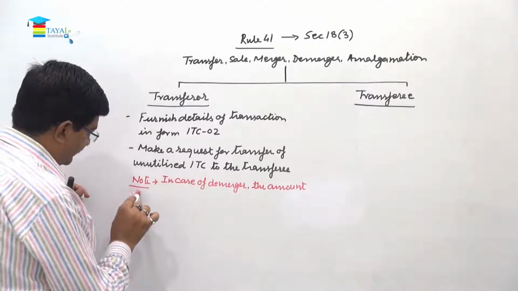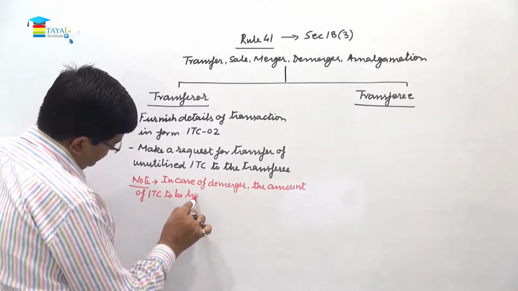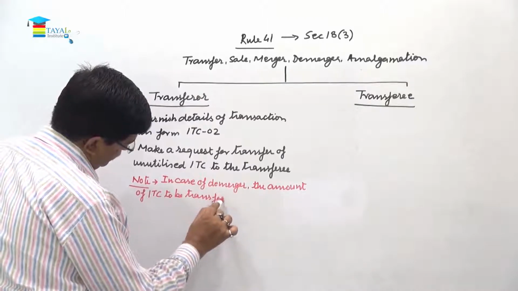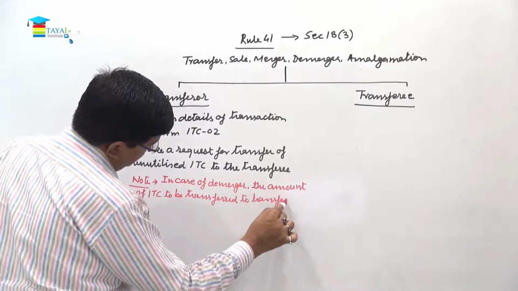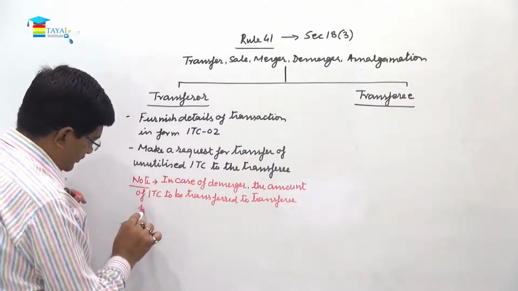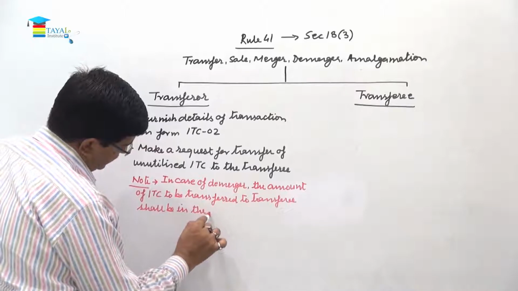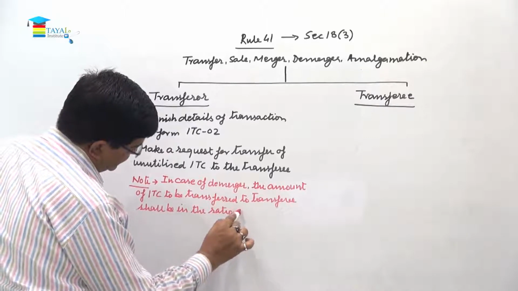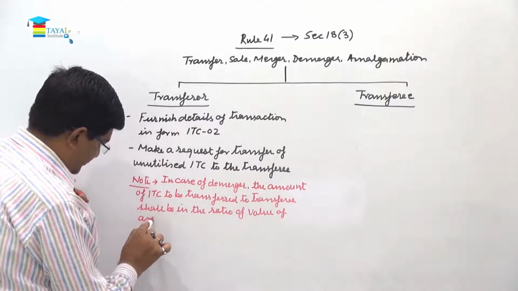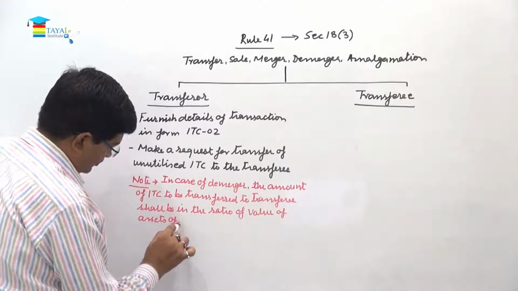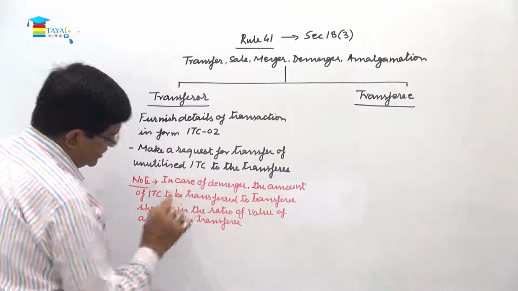The amount of input tax credit to be transferred to transferee shall be in the ratio of value of assets of the transferee.